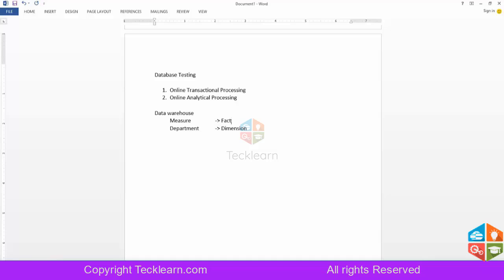In a production organization, like Harley Davidson, how many bikes are produced? That's my fact. So per day or per month, how many units of bikes are produced?